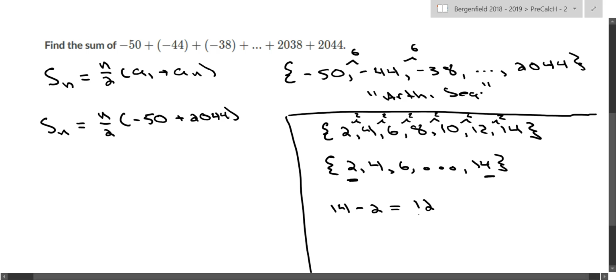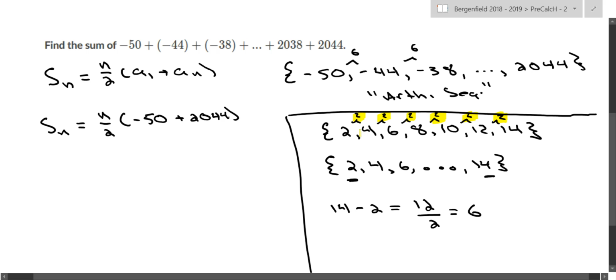So if I divide by 2, I'll get the number of times that I increased by 2. 12 divided by 2 is 6. What I'm saying here is, how many times did we increase this sequence by 2? I'm counting all the spaces in between these numbers.